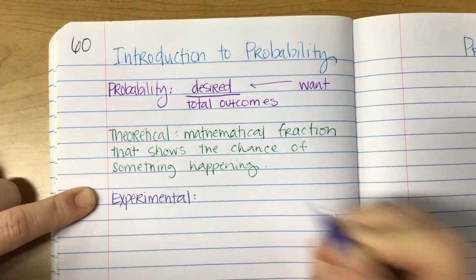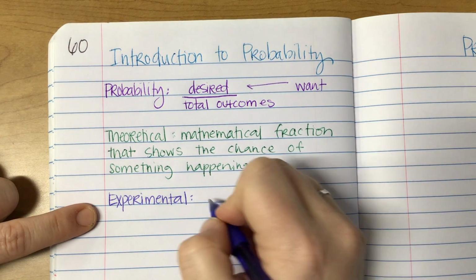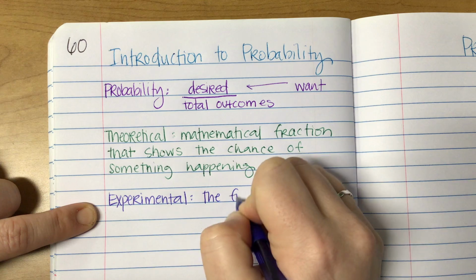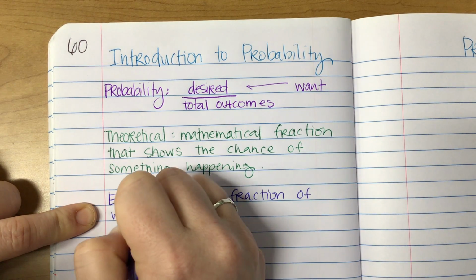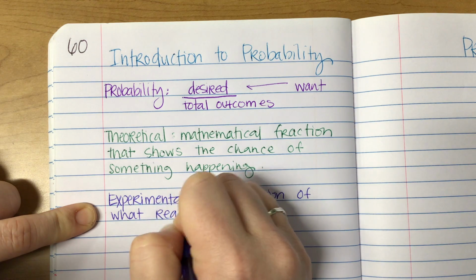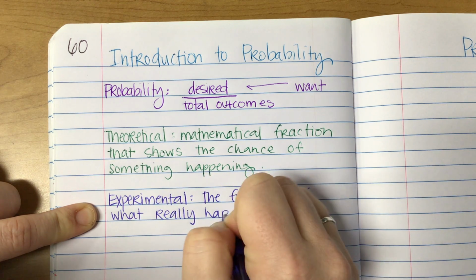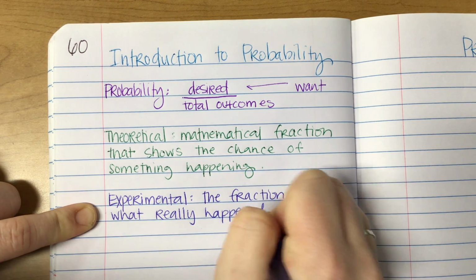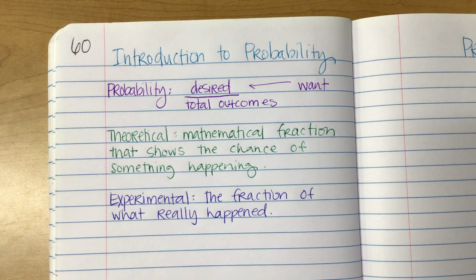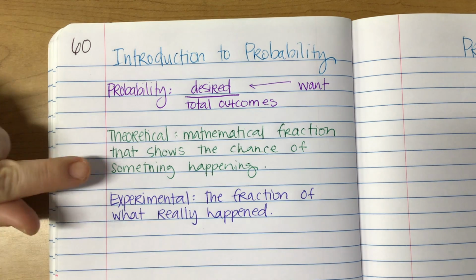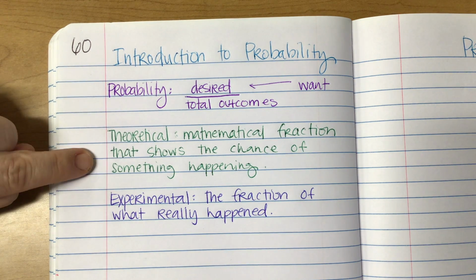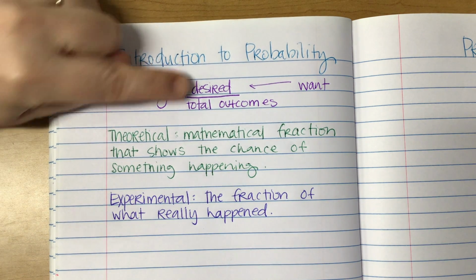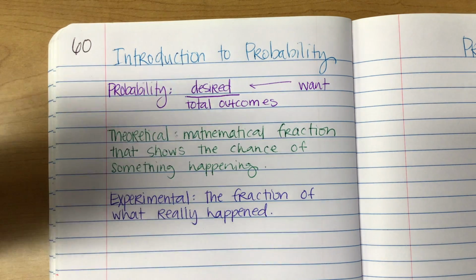An experimental probability is the fraction of what really happened. So I know if I want to flip a coin, the chances of flipping a heads, there's one head out of 2 coins, or out of 2 sides.